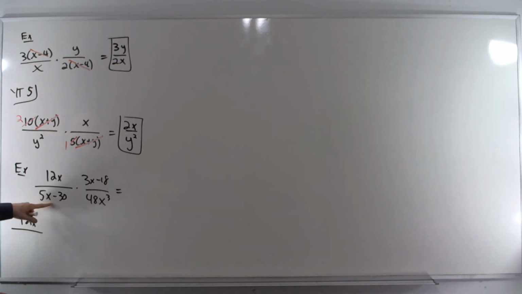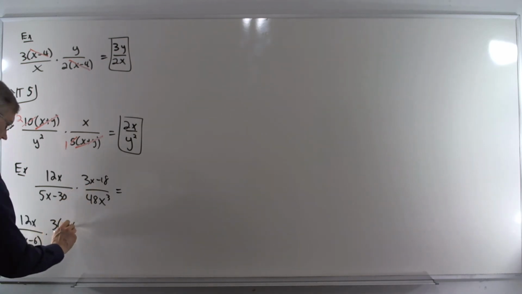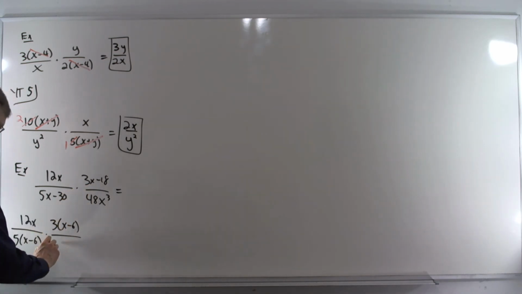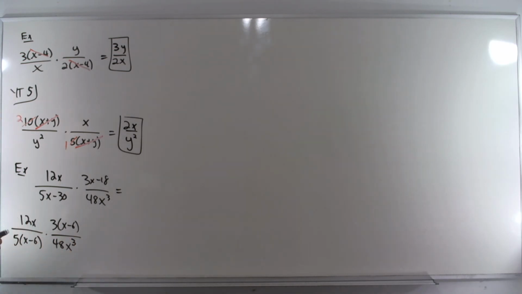So factoring this, looks like we have a common factor of 5 between 5 and 30. So I'll factor out a 5 and get x minus 6. Now over here we can factor out a 3 and get x minus 6. 48x to the third. All right, canceling now. X minus 6's, those cancel. Now we got some cancellations here. 12 over 48, that reduces to 1/4.